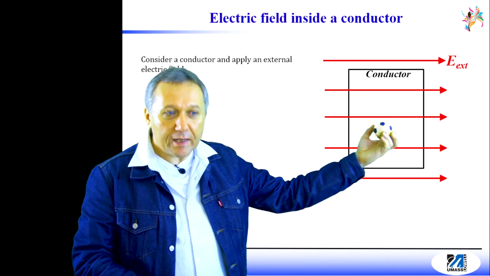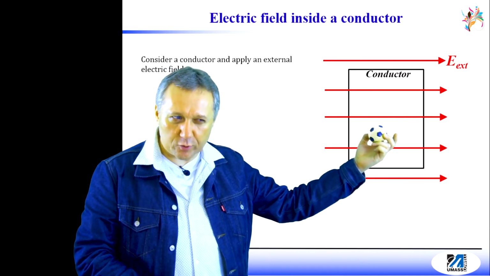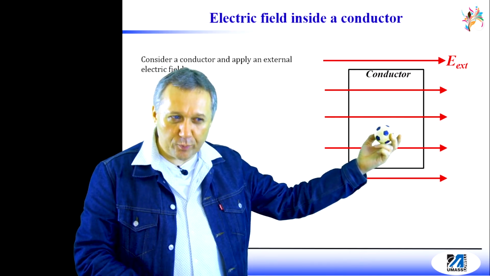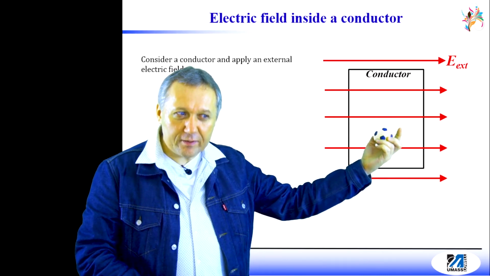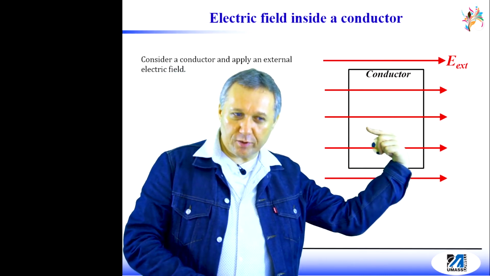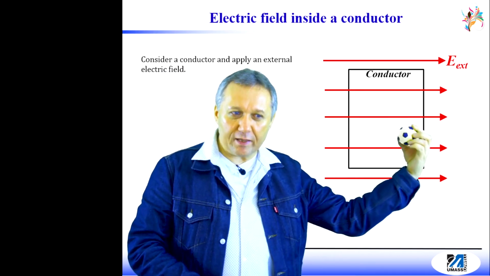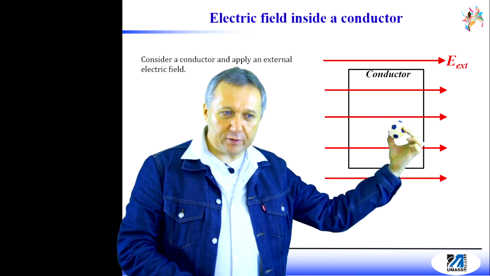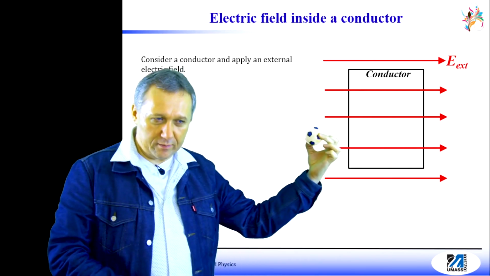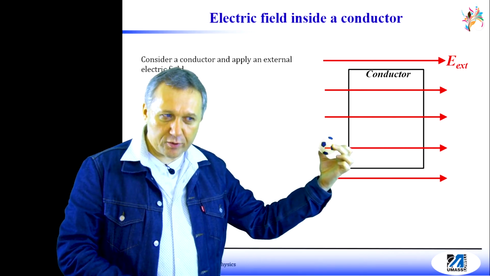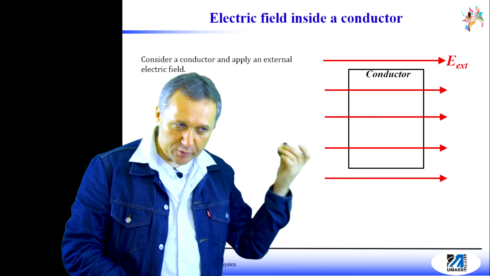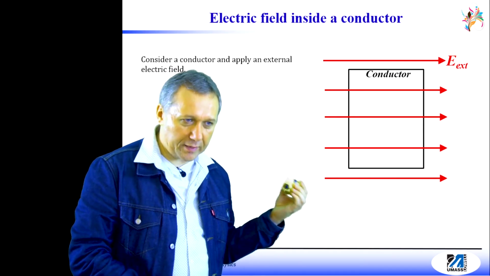Since the electron is a negatively charged object, the electric force is going to point opposite to the direction of the external electric field. So it will be towards me. The electron is going to start drifting in the direction opposite to the external electric field, because it's a negatively charged particle.